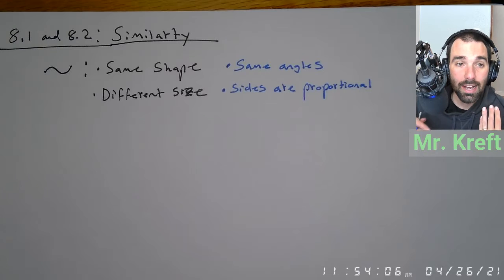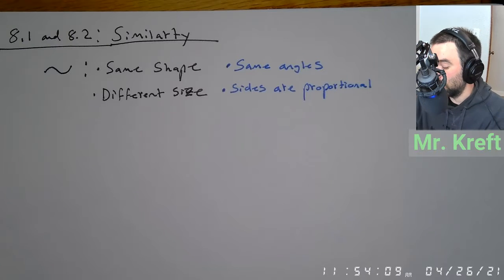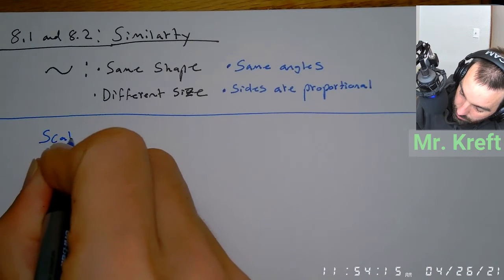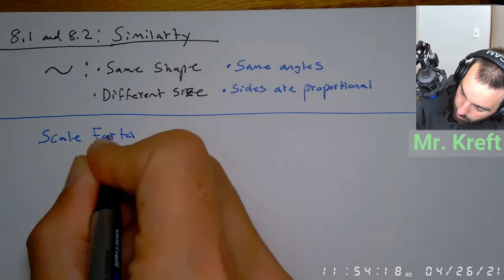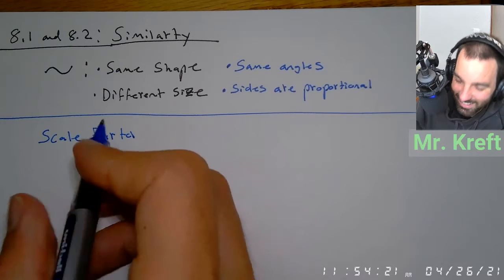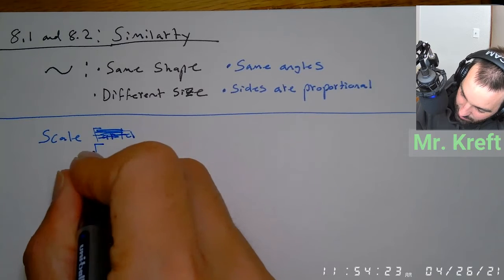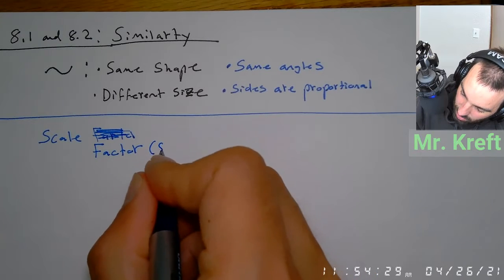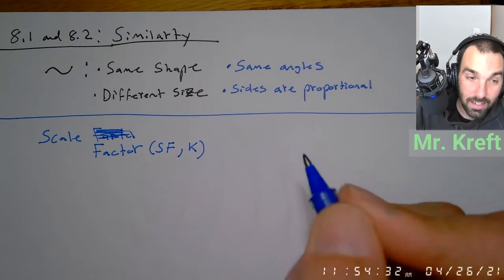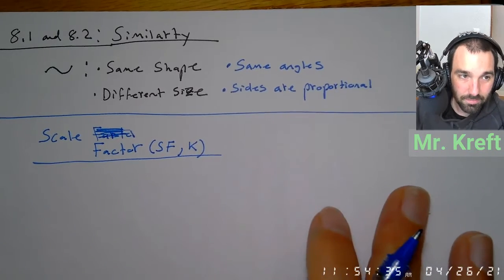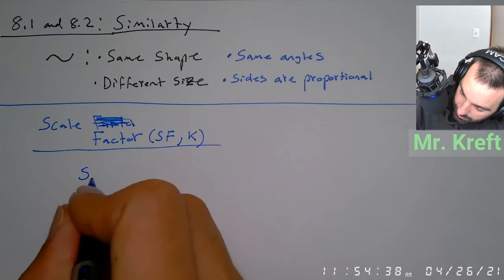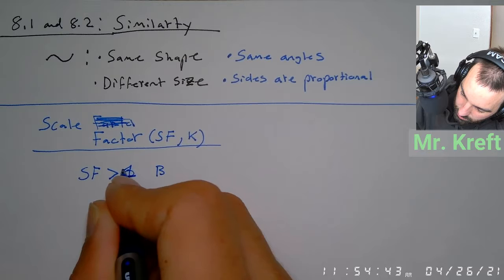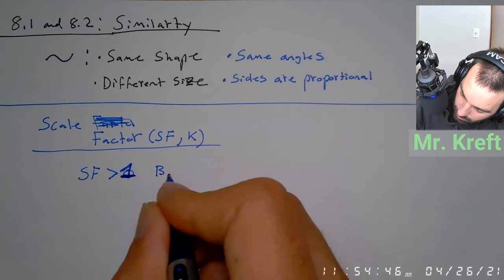With similarity, we have a scale factor. So let's talk about scale factor a little bit. Scale factor, I call it SF. The book calls it K. If the scale factor is greater than 1, you get bigger.